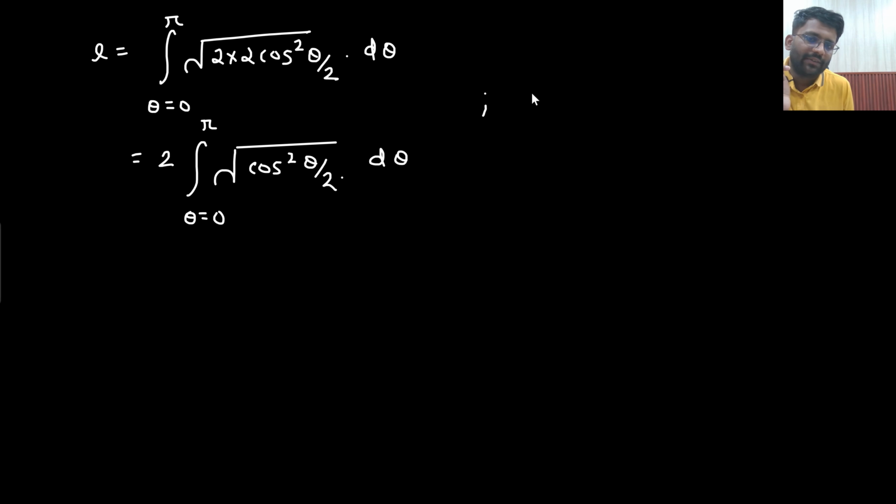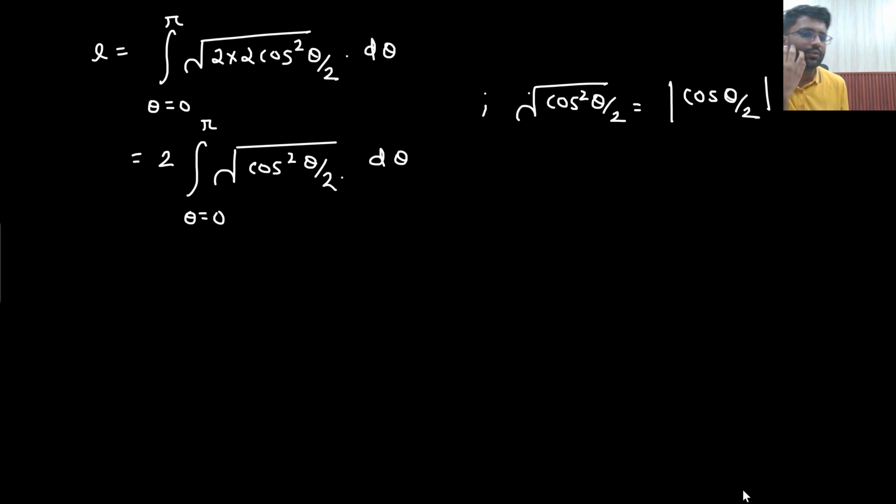Now let me know what is the value of under root cos square theta by 2. Sir, it is cos theta by 2. Is that correct? Absolutely not. It is mod of cos theta by 2. But between 0 to pi, put theta equals to 0, you get cos 0, that is 1. Put theta equals to pi, cos pi by 2 is 0 only.